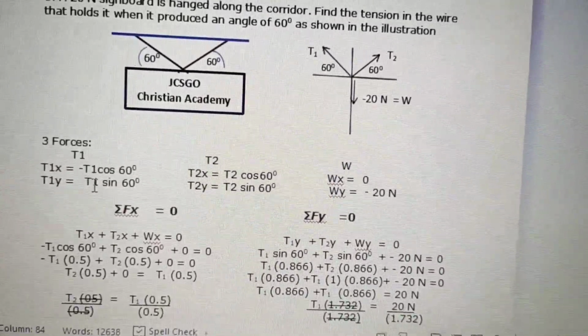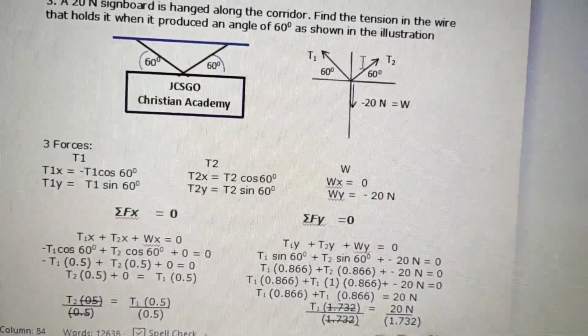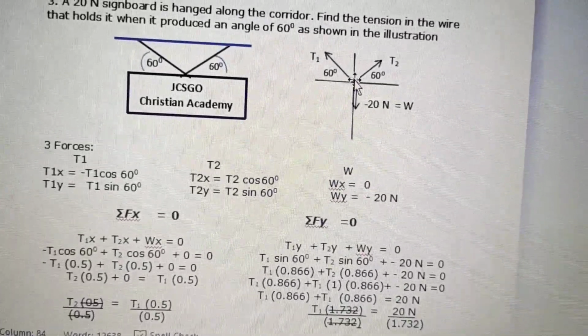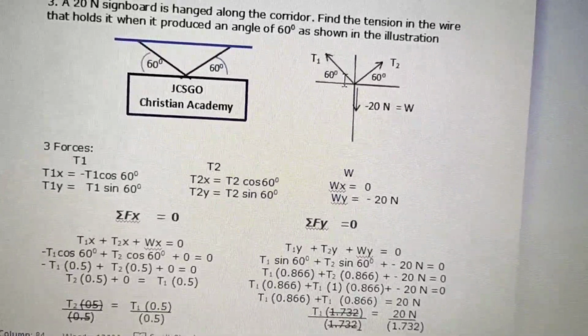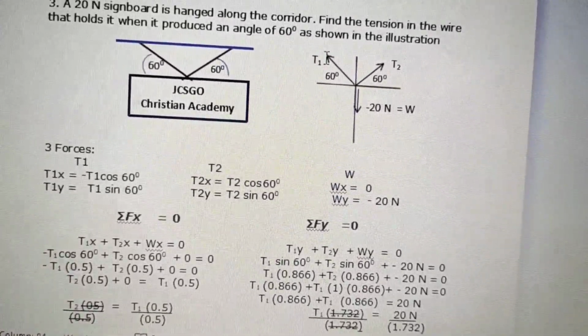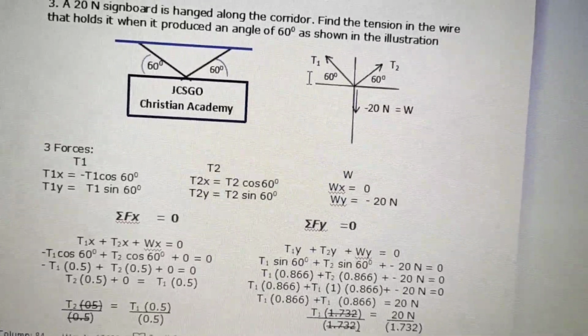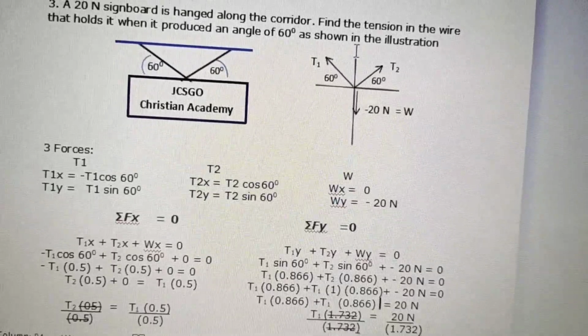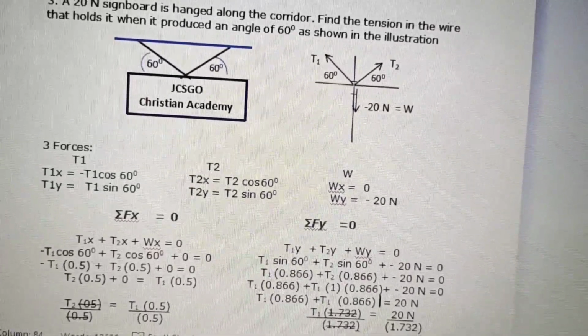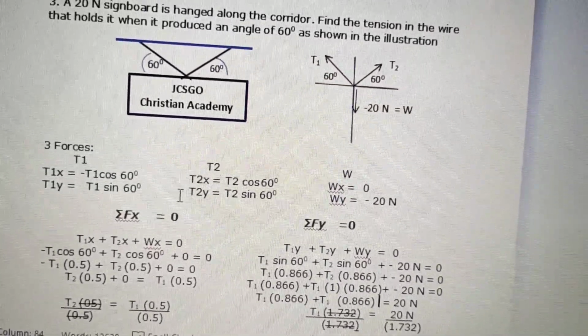The value for T1y is T1 sine 60 degrees. So T1x is negative T1 cosine 60 degrees, and T1y is positive T1 sine 60 degrees.